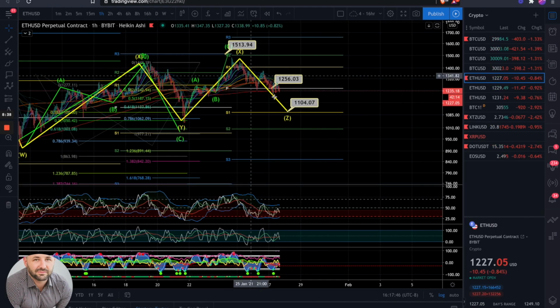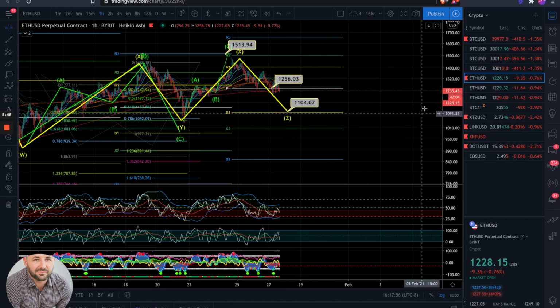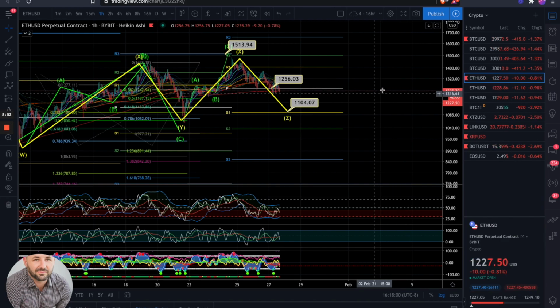But it looks like this right here could just be a connection for another 3-wave motion, basically an A, a B, and then a C to come back down. But I am looking for a continuation. We are underneath the daily pivot, I'm sorry, the hourly pivot here, and we're just dancing around it at the moment.